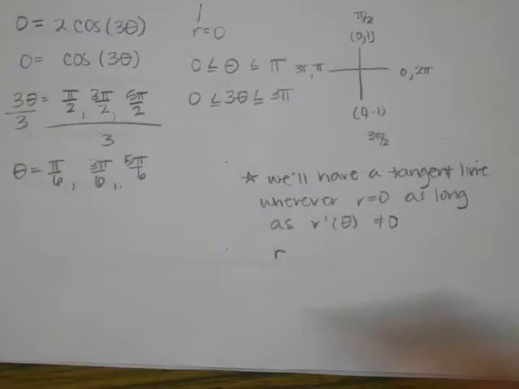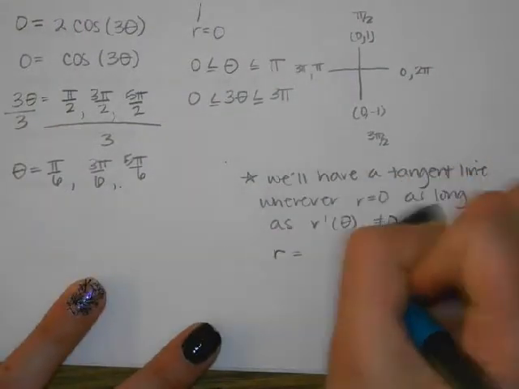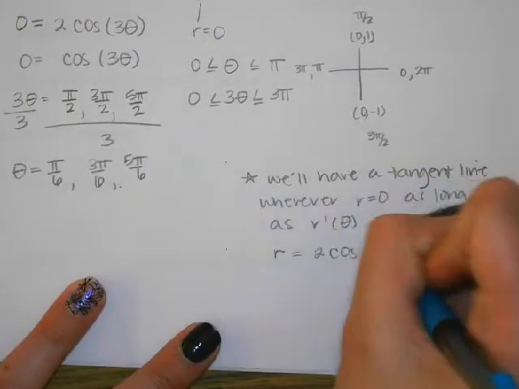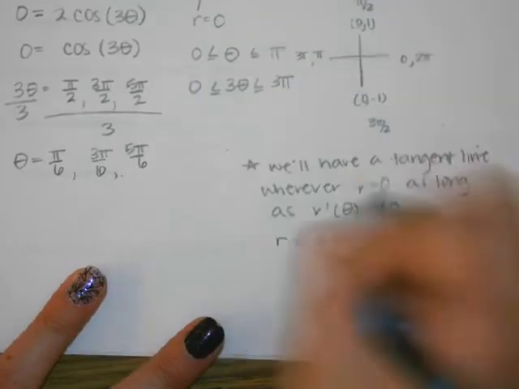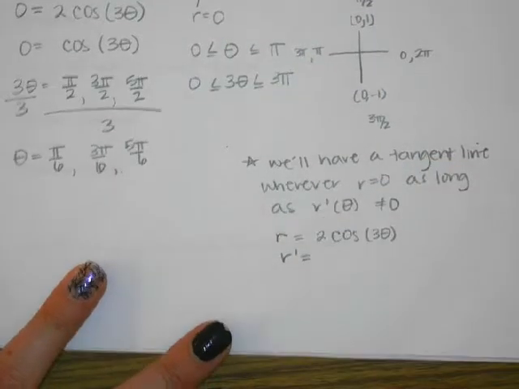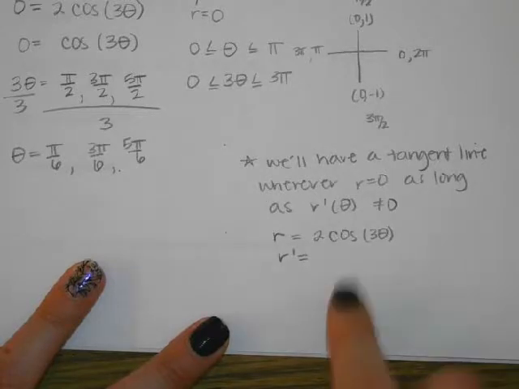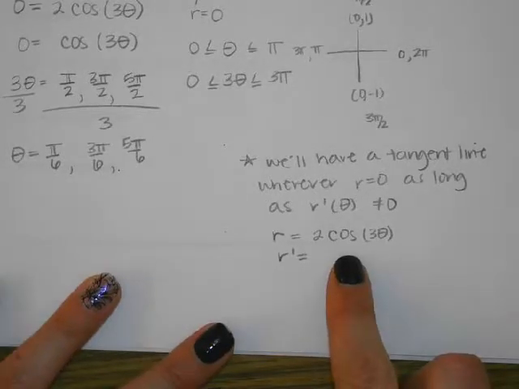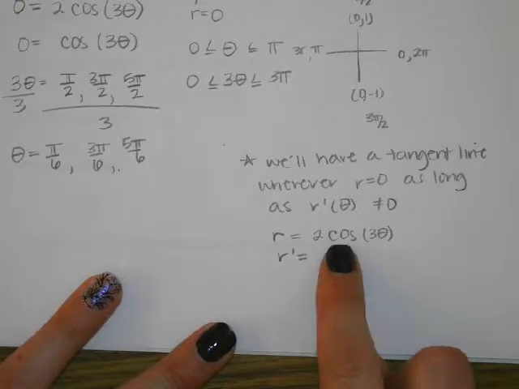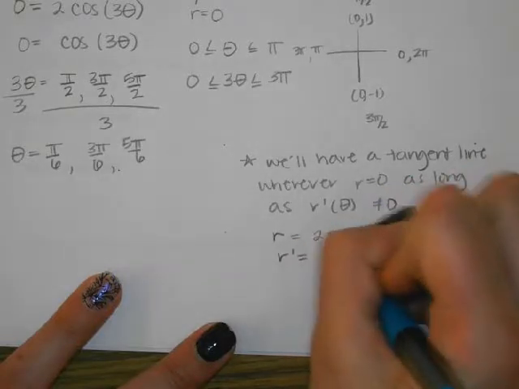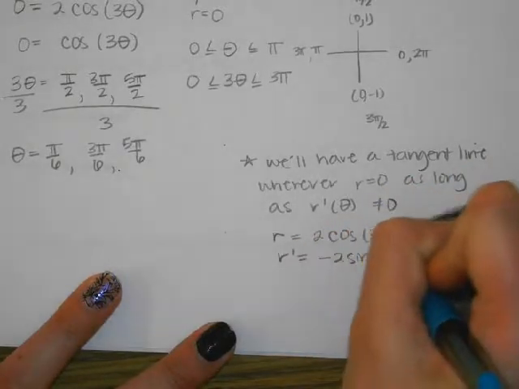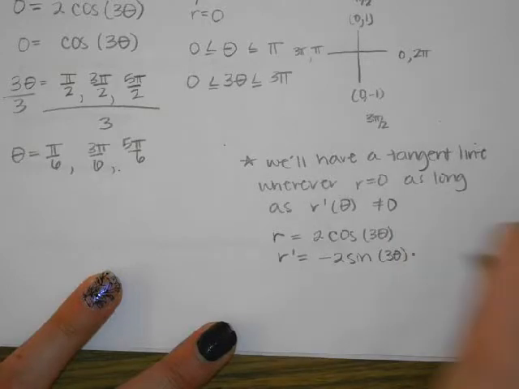Okay. So if r equals 2 cos 3 theta, then what is r prime? It's a chain rule, right? The derivative of the outside, the derivative of 2 cos is negative 2 sine of 3 theta, and then we have to multiply by the derivative of the inside, times 3.